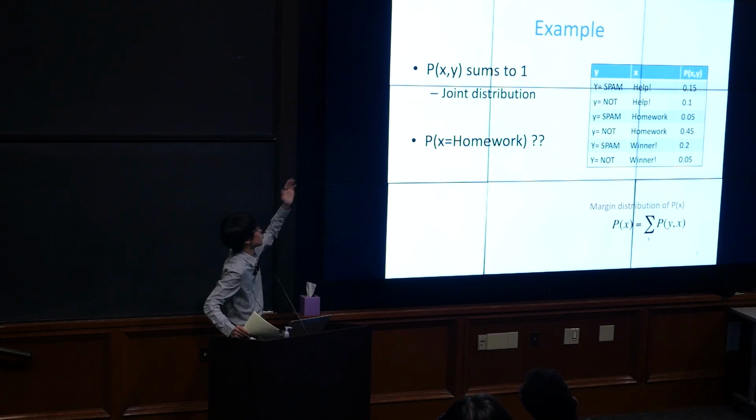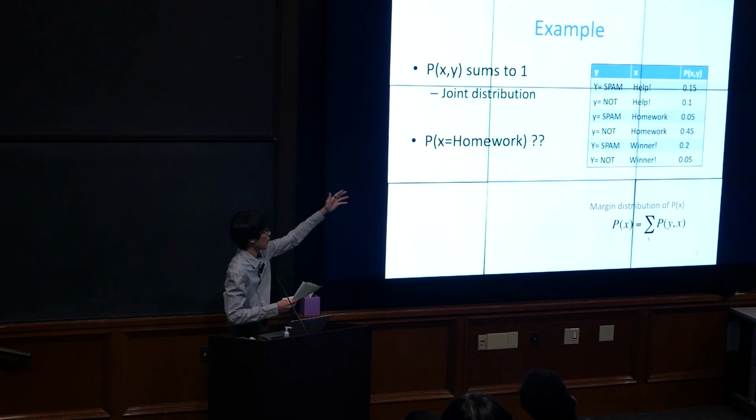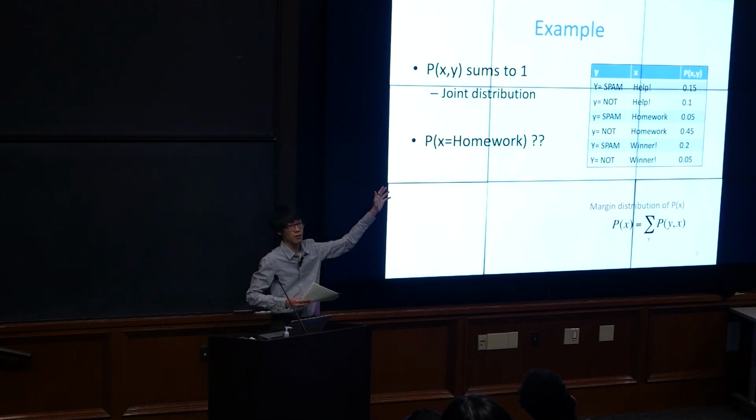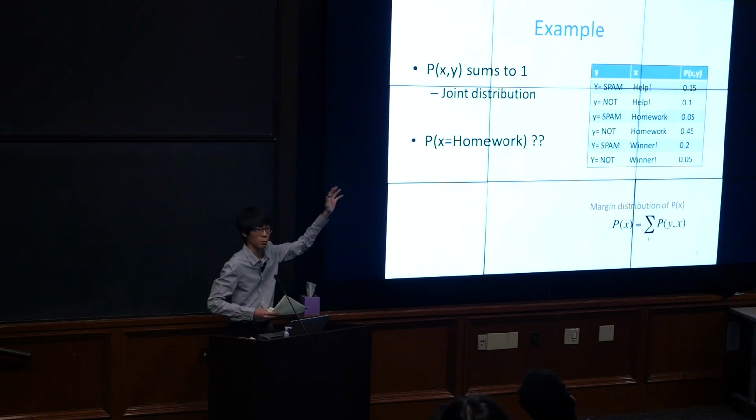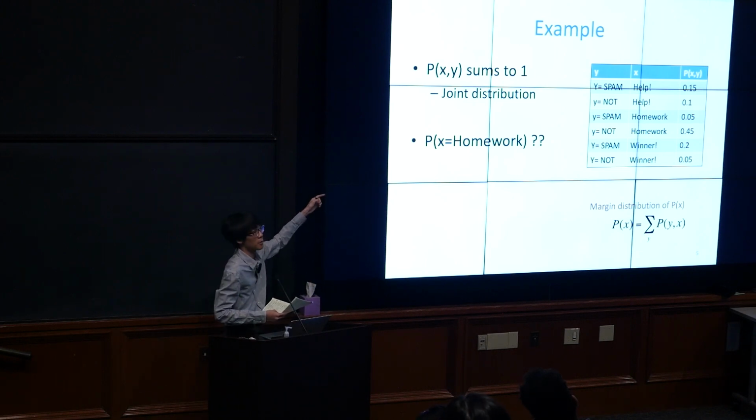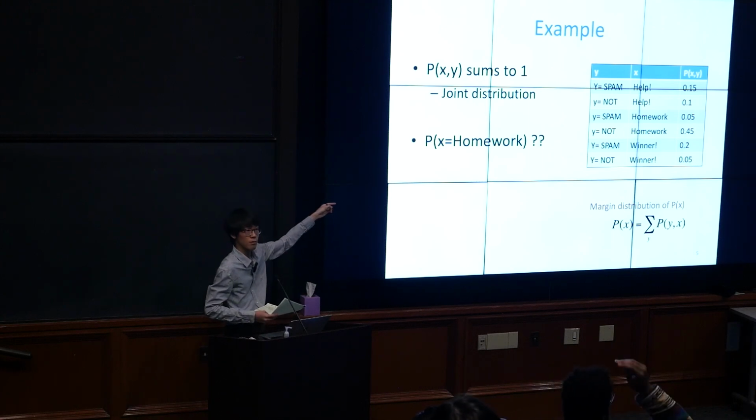Setting that this joint distribution sums to 1, which makes sense, we want all the probabilities to sum to 1. And given that we have this complete model of this joint distribution, we have this joint distribution completely defined, what is the probability that some observed x is homework?